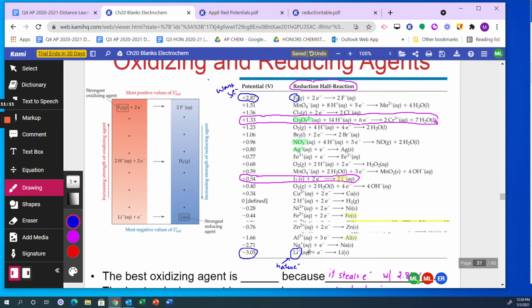If you try to force it, if you try to reduce it, you have to put in energy instead of it giving away energy. So that's what the negative potential means. Li+ hates electrons, or it does not want to be reduced. That's what the table means.